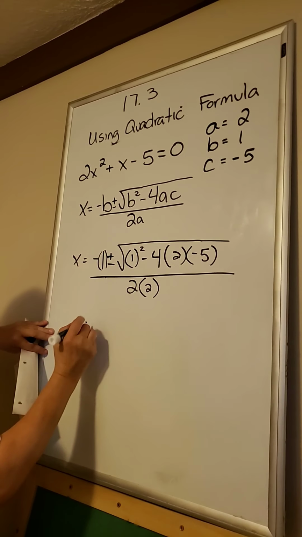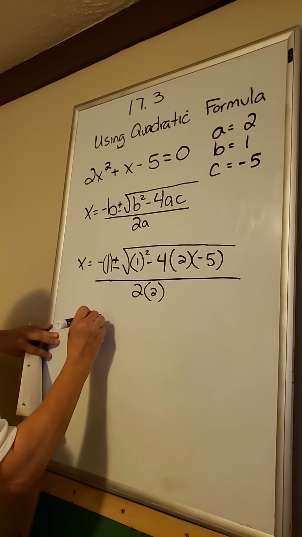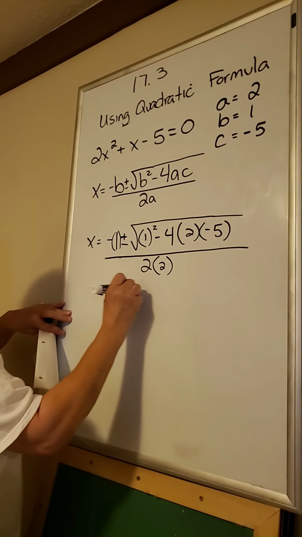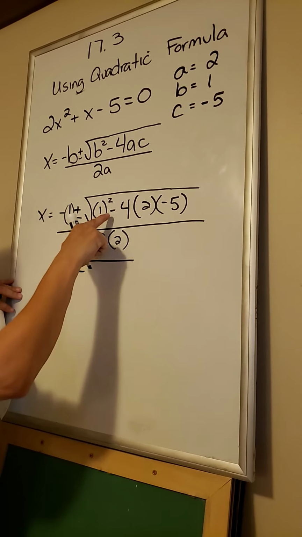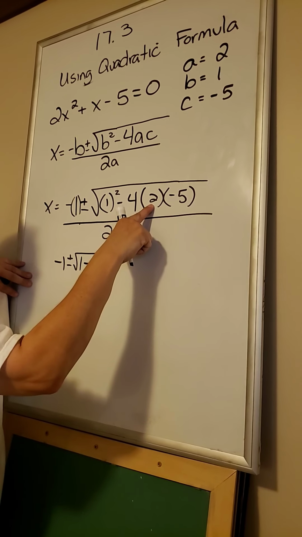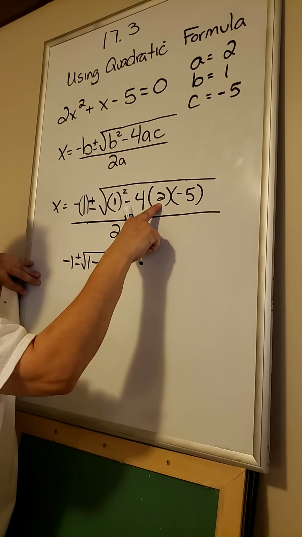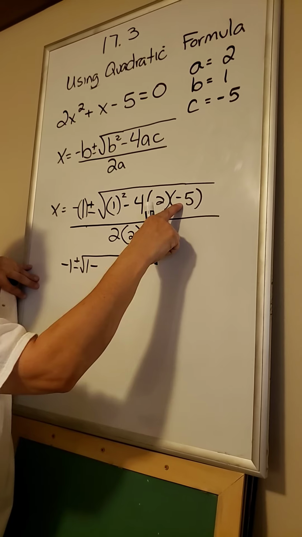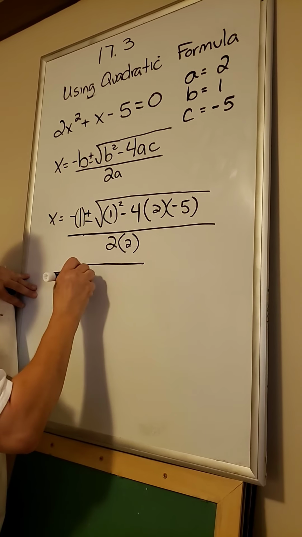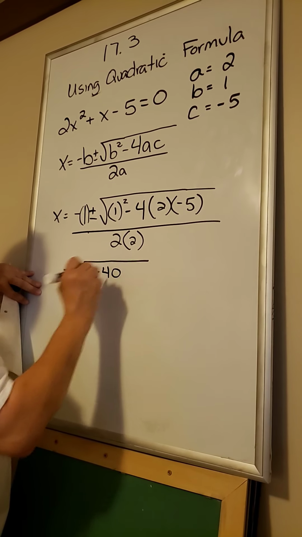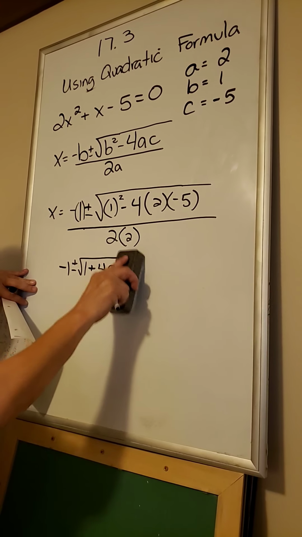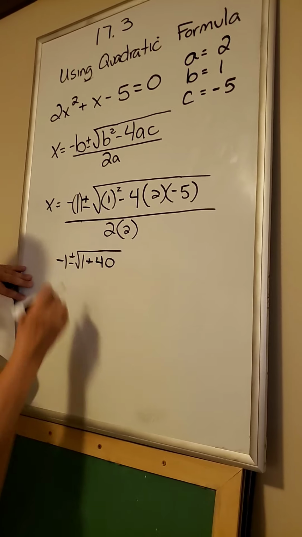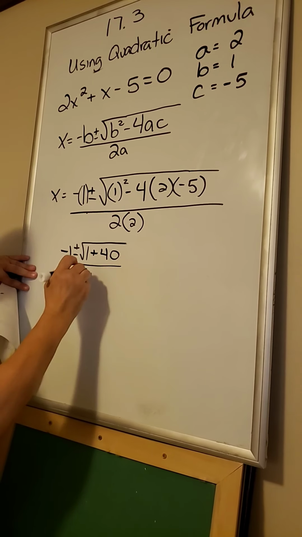So I'm going to bring down this negative 1, plus or minus, and I have my radical. 1 squared is 1, minus negative 4 times 2 is negative 8. Negative 8 times negative 5 is positive 40. So my radical doesn't need to be that long. I can erase some of it. Over 2 times 2 is 4.